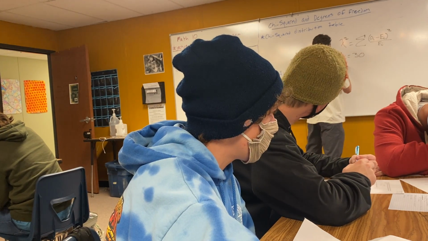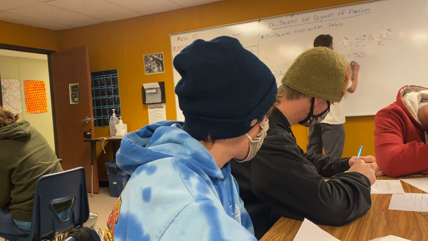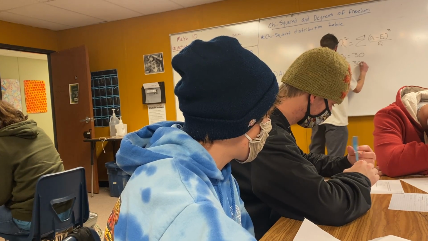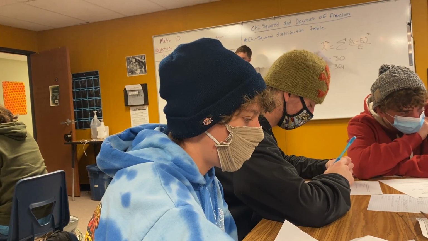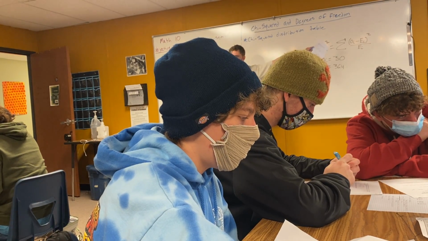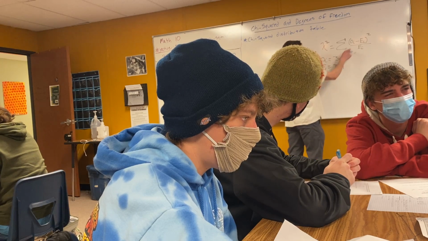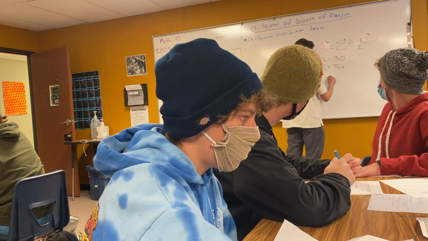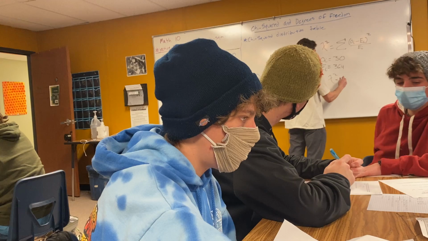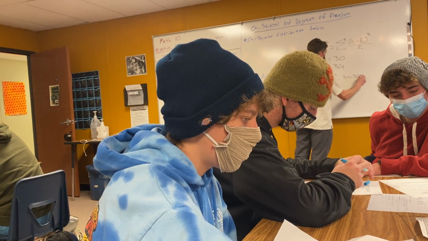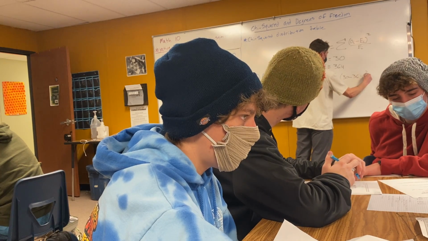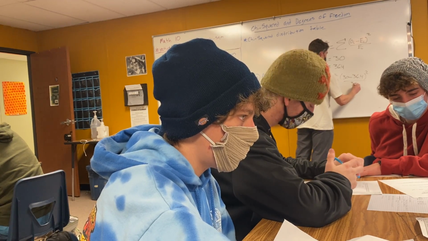Haley, what's my expected then? 36.4. So I plug these numbers in: chi-squared equals 30 minus 36.4, squared, divided by 36.4.